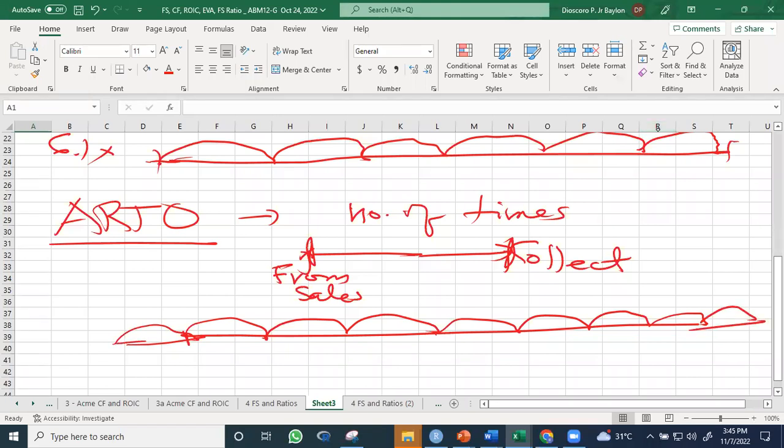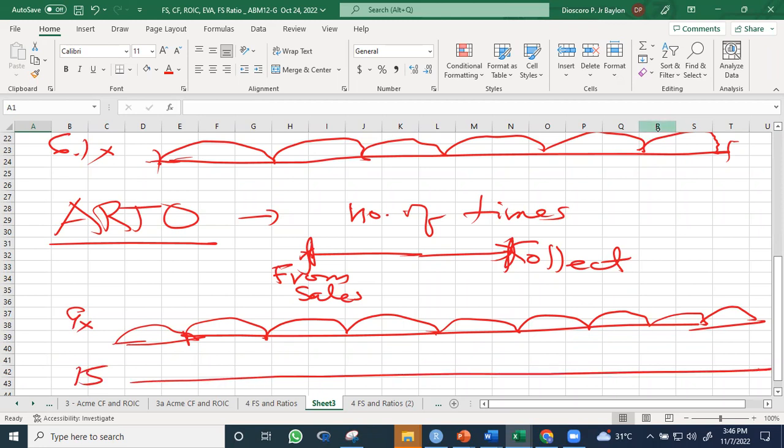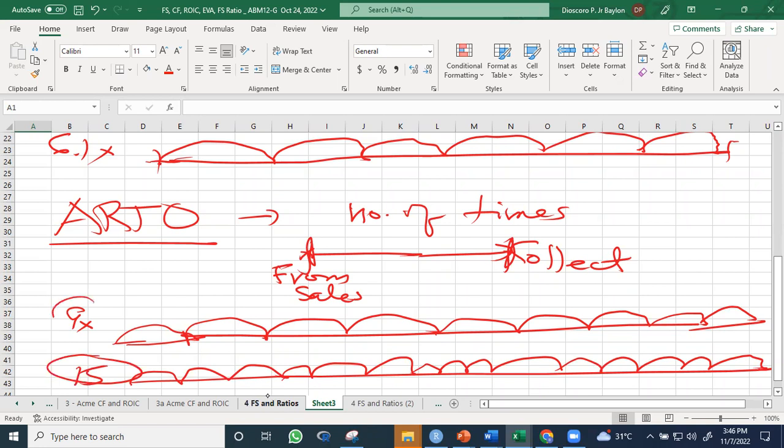So ito si microdrive, 9 times. On the other hand, yung direct competitor is 15 times. So same year, pero 1, 2, 3, 4, 5, 6, 7, 8, 9, 10, 11, 12, 13, 14. Sorry for the irregular drawing. So what does this tell us?